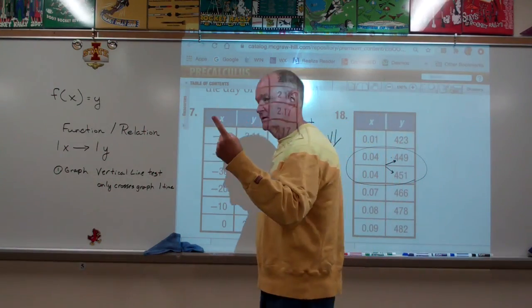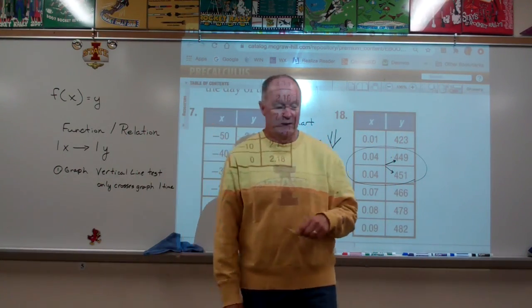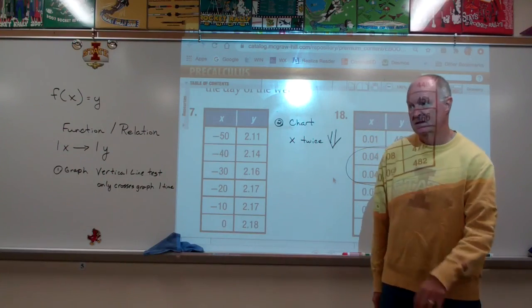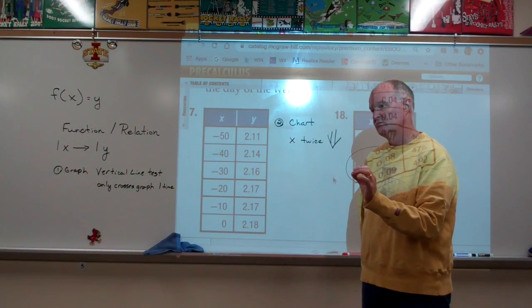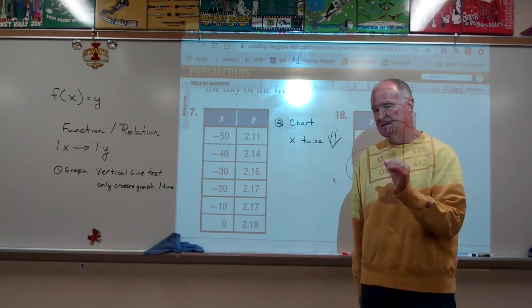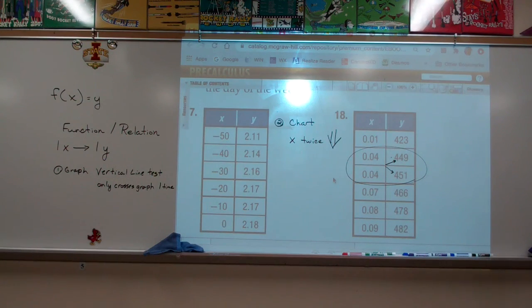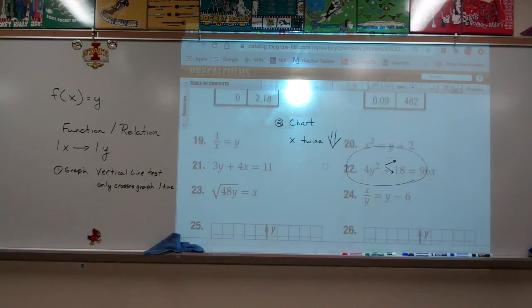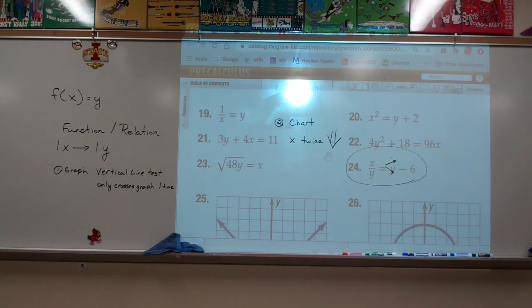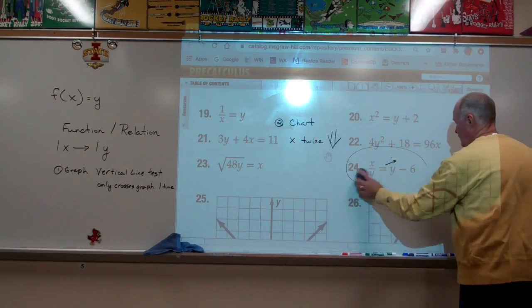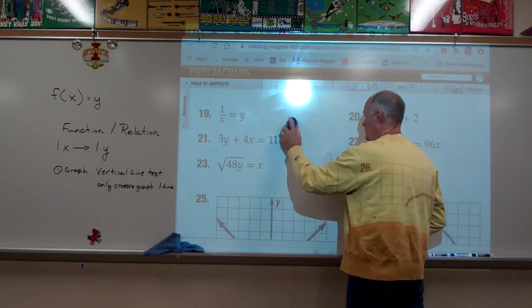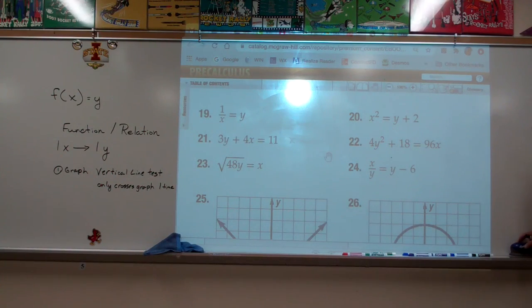So we've got graphs, we've got charts. So the third thing on the list is equations. Good old everyday standard equations. There's 6 equations.